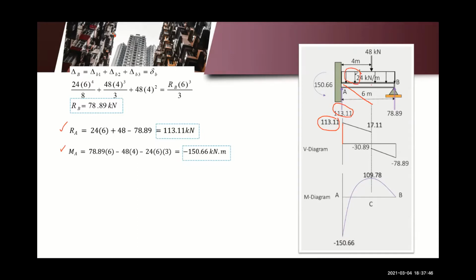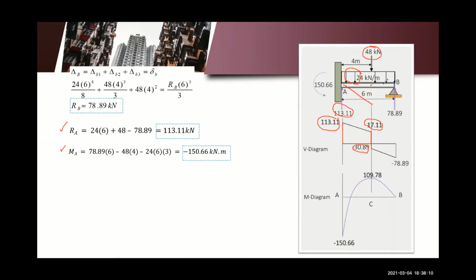So, 113.11 minus 4 times 24 will give you 17.11. And then, at this point, you have a concentrated load 48 that will cause an abrupt change. So, 17.11 minus 48 will give you negative 30.89.